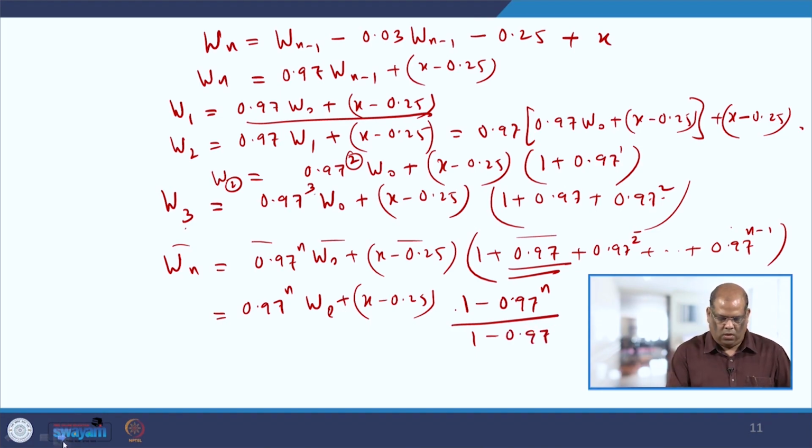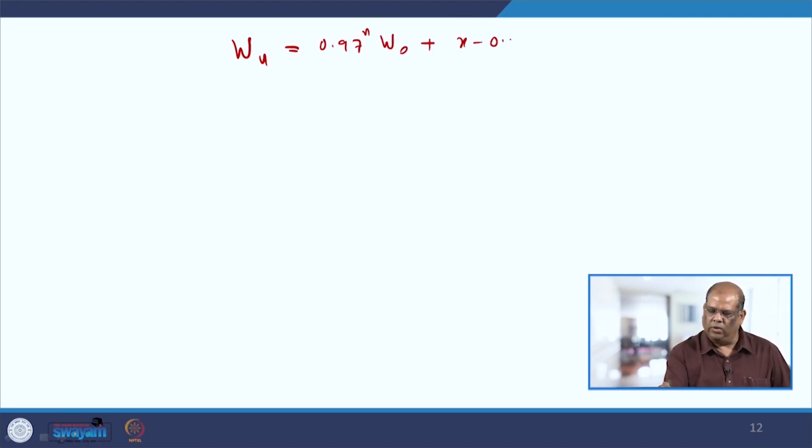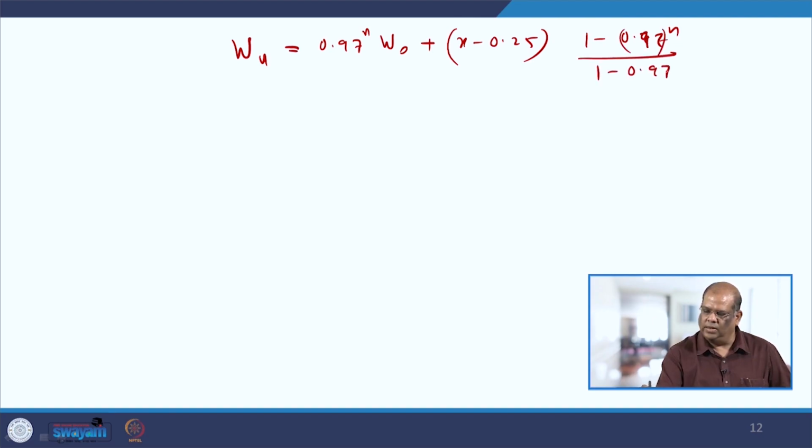So, you write it here again, Wn is equal to 0.97 to the power n W0 plus x minus 0.25, times 1 minus 0.97 whole to the power n divided by 1 minus 0.97, and this gives us 0.03.